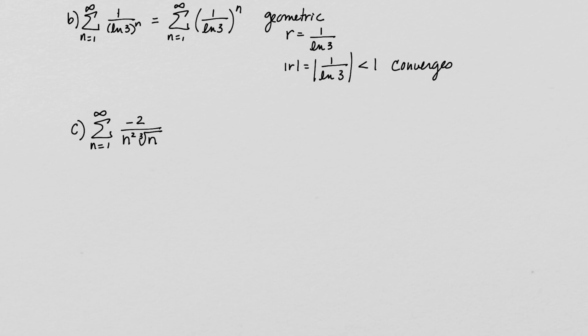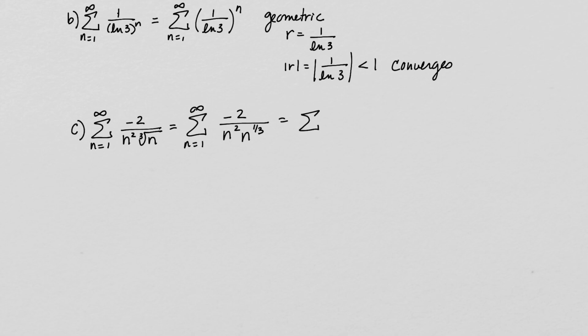It's not a geometric series because my n is not a power. For the geometric series, the n has to be a power. But as a p-series, could I rewrite this so that it was a p-series? Yes. This is the summation of negative 2 over n squared times n to the 1/3, remembering that the cube root of n is n to the 1/3.